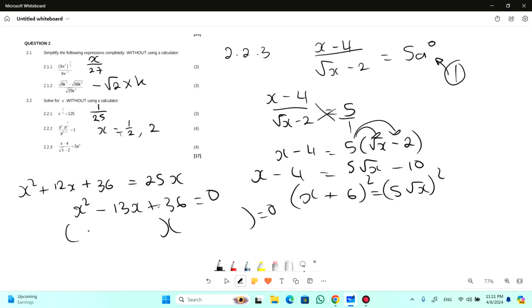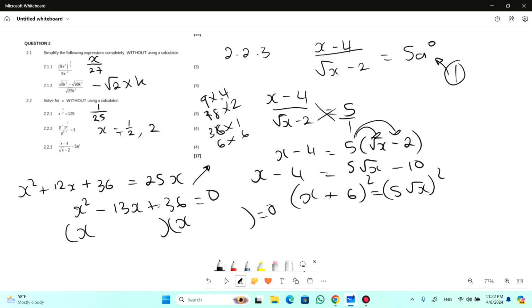So you factorize, so x and x, the factors of 36: I have 36 times 1, you have 6 times 6. You notice that 6 times 6, if you add, will give you 12, and if you subtract, will give you 0. Then you also have 18 times 2, which if you subtract, will give you 16, but you only need 13 in this case.